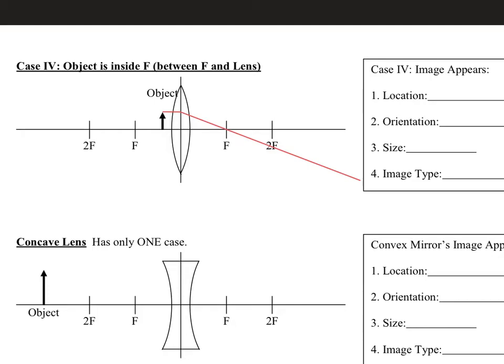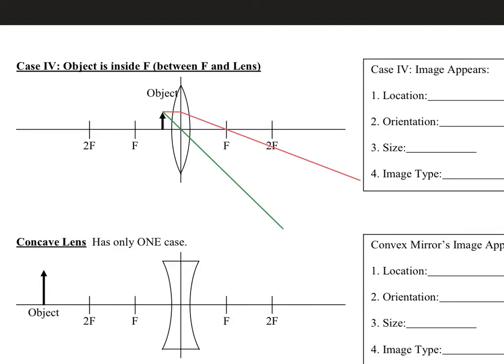The second one goes straight through the center of the lens, my fault, like so. So we may be already seeing a problem here, that those two rays, as they refract through, are never going to intersect. So that may tell us we have to do something here.